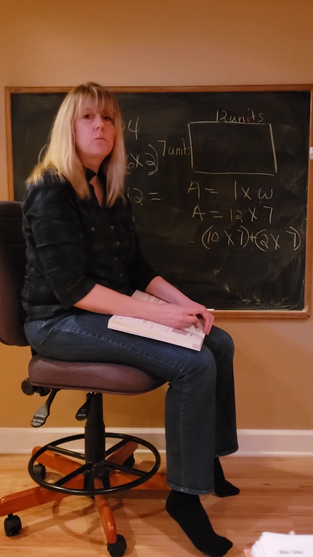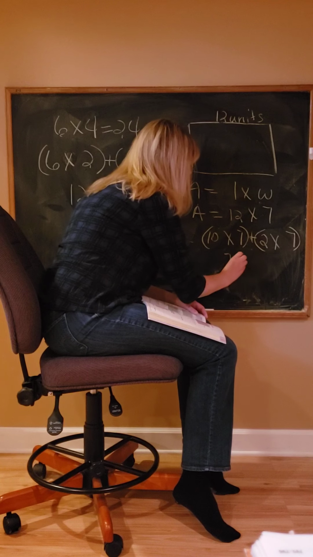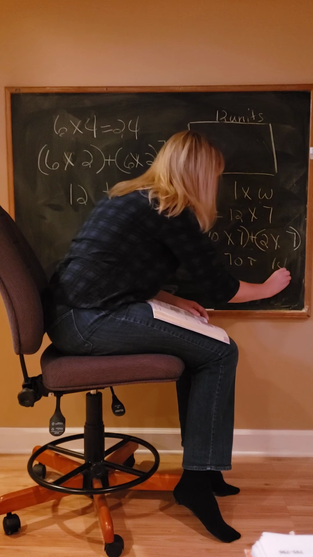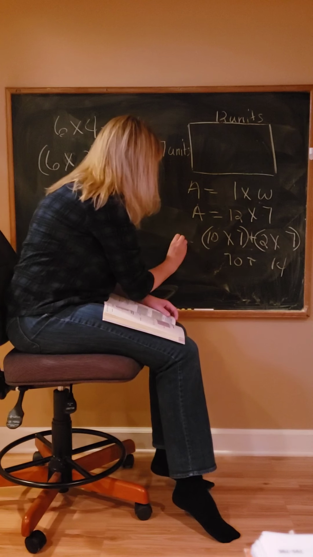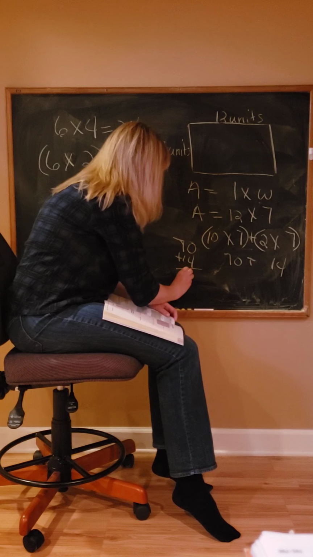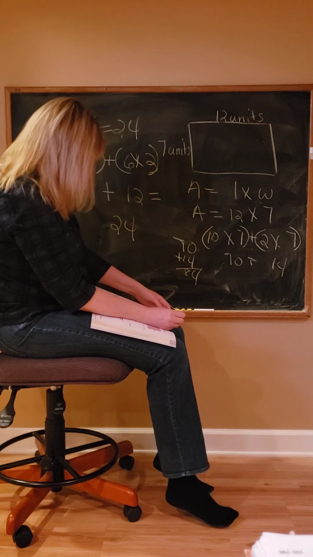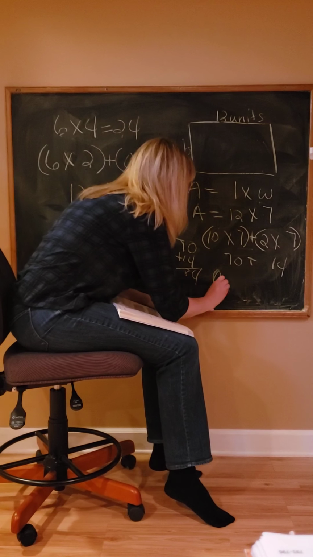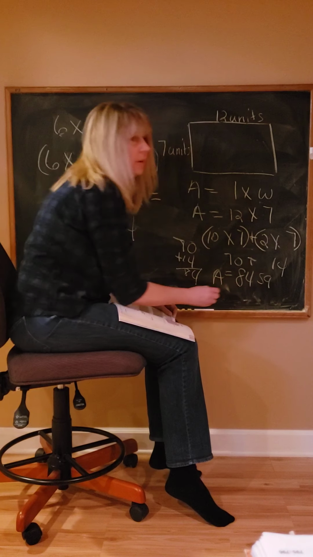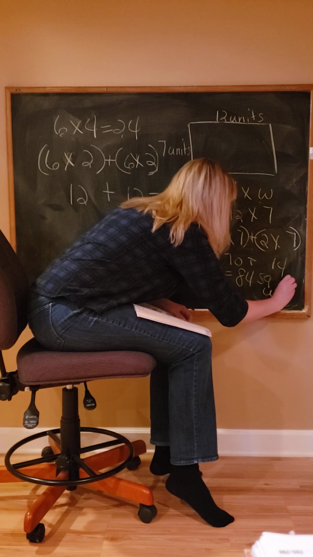Other numbers will work, but 10 times 7 is 70, plus 2 times 7 is 14. If I add 70 plus 14, I'm going to get 84. I hope you guys can see this. And so my area is going to be 84 square, and I can put my abbreviation SQ for square, and then units.